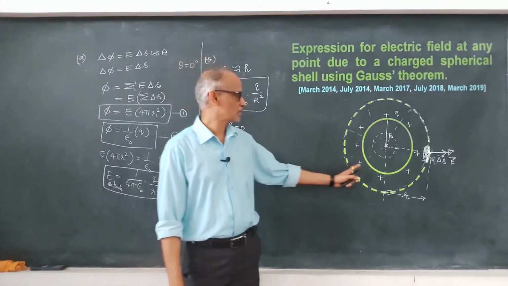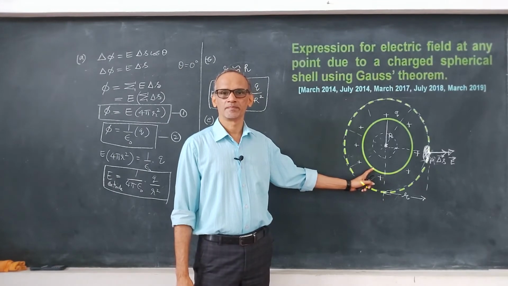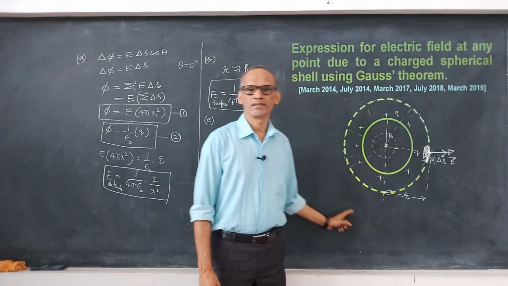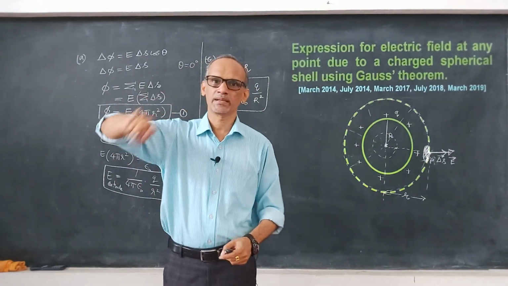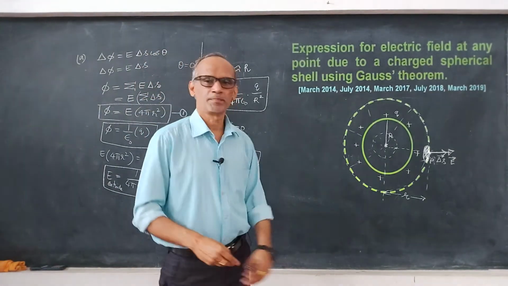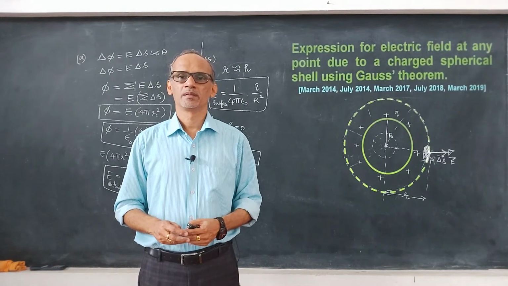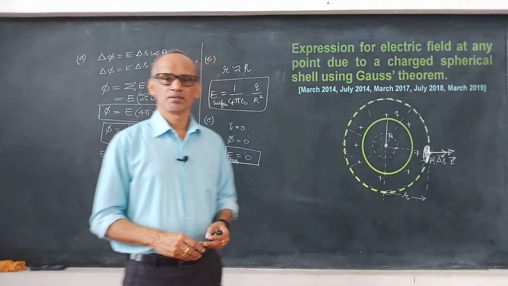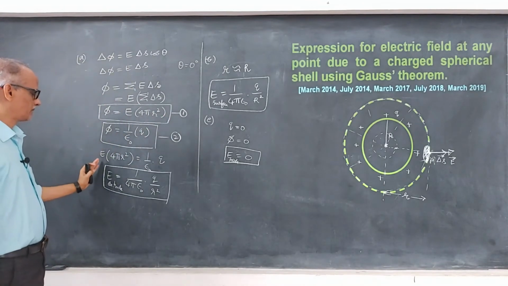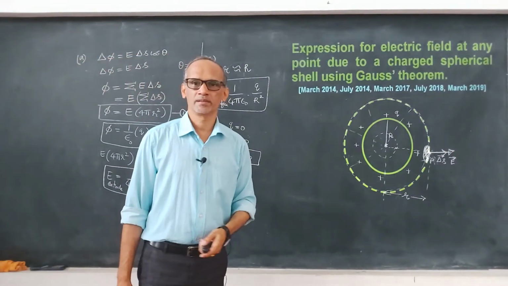So, you have to draw 2 spheres, one the real conductor, the other imaginary, that is why you have to draw a dotted circle, as it appears on the board. So, hope we are clear with this particular derivation. 3 cases to be derived: at a point well outside, at a point on the surface, and at a point inside the sphere.